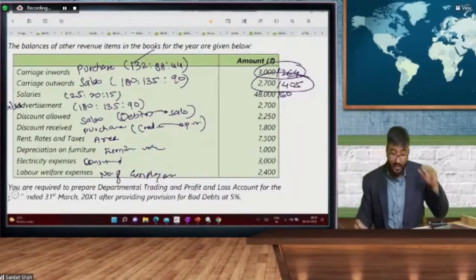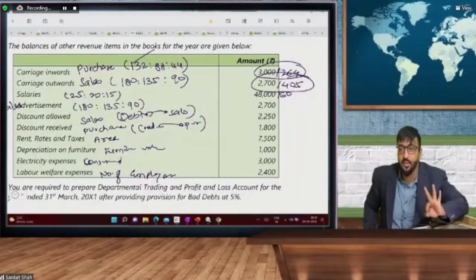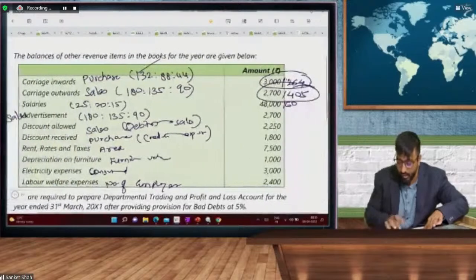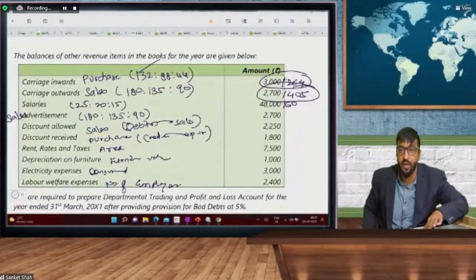चलो, सो बेटा this calci shortcut is important, which will save your time in exam. So everyone now got the concept. So you have to just write over here carriage inward purchase ratio, carriage outward sales ratio, salary, number of employees, advertisement is related to sales. Okay, so we are doing advertisement, we will increase our sales. So that's why discount allowed.